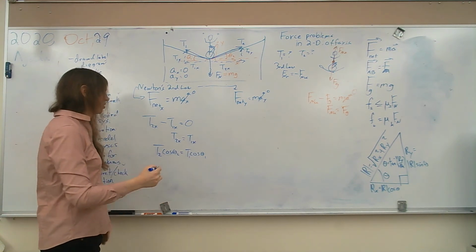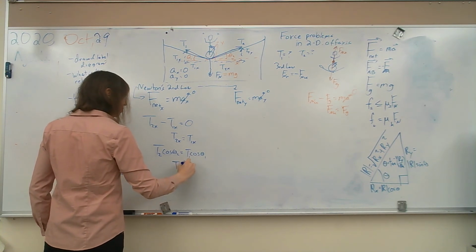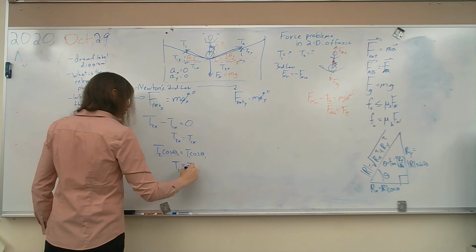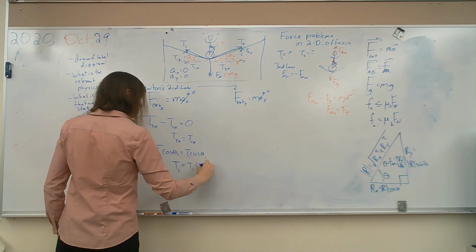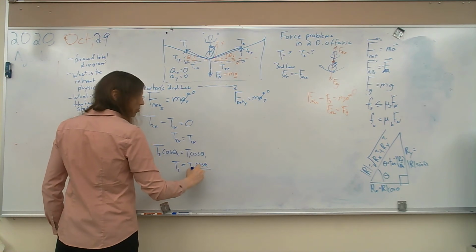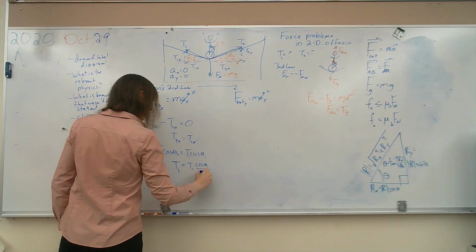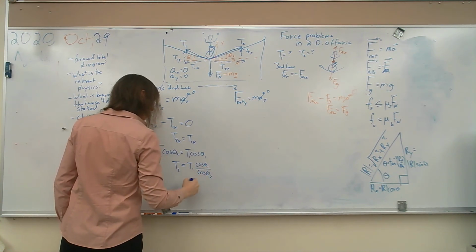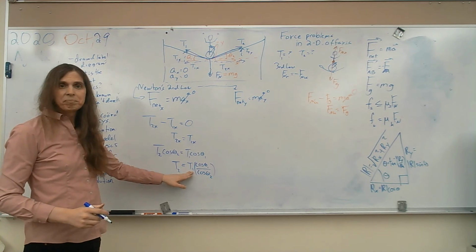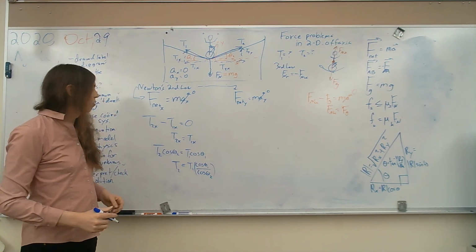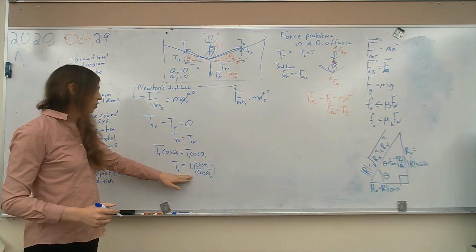So I'm going to isolate T2 here, so it can be substituted in to any future equation we develop for the vertical components in terms of T1. But we see our relationship between the two here.